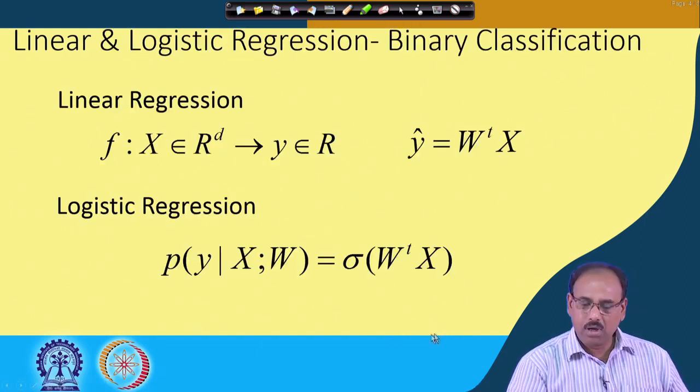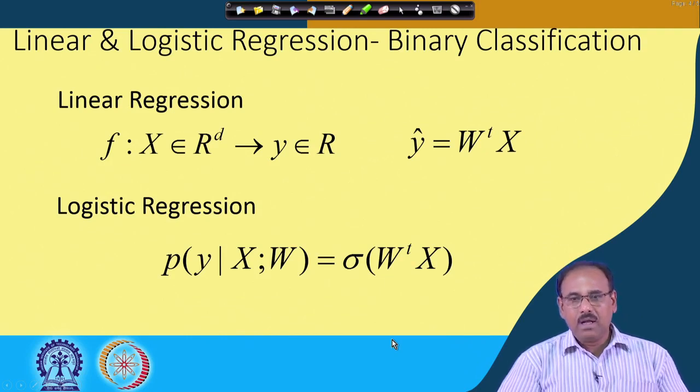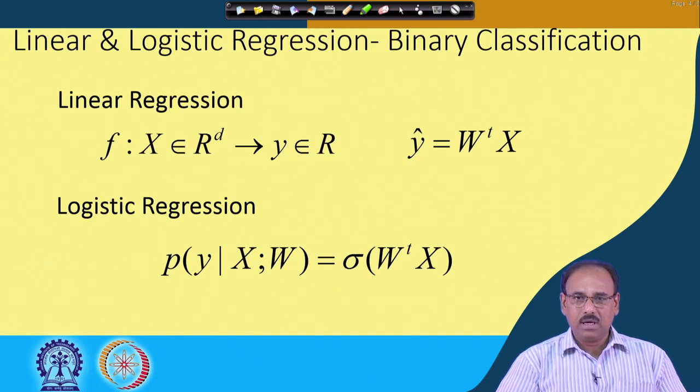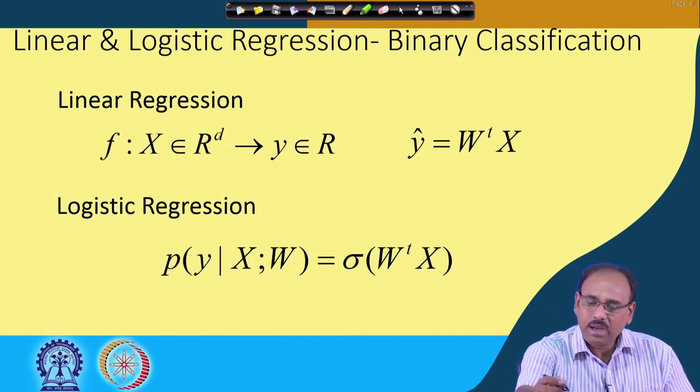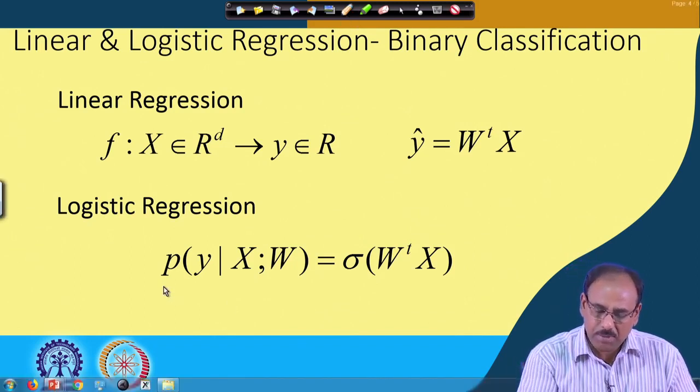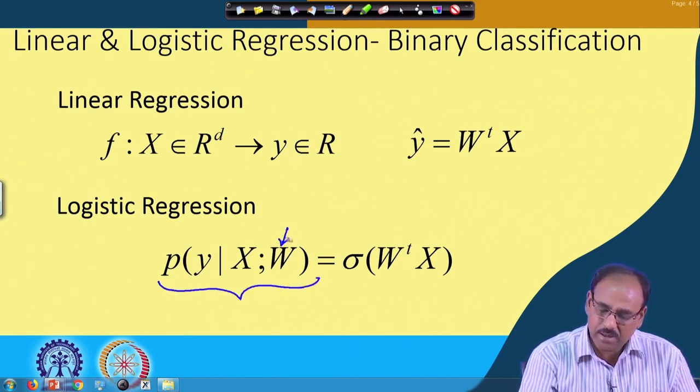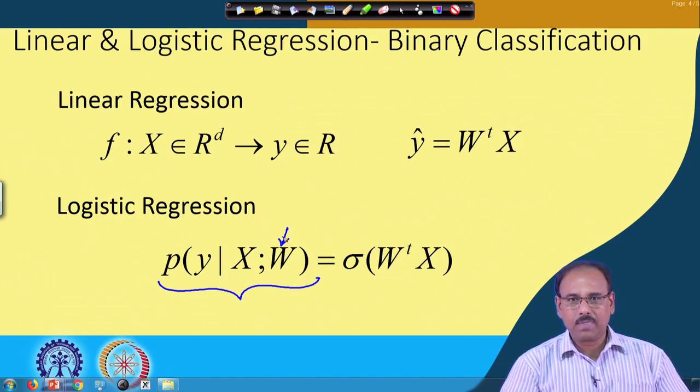In case of logistic regression, I can have a probability measure, that is, I can compute the probability of y, which is the class index, given a feature vector x and the model parameter w, written in this form: p of y given x and parameter vector w.